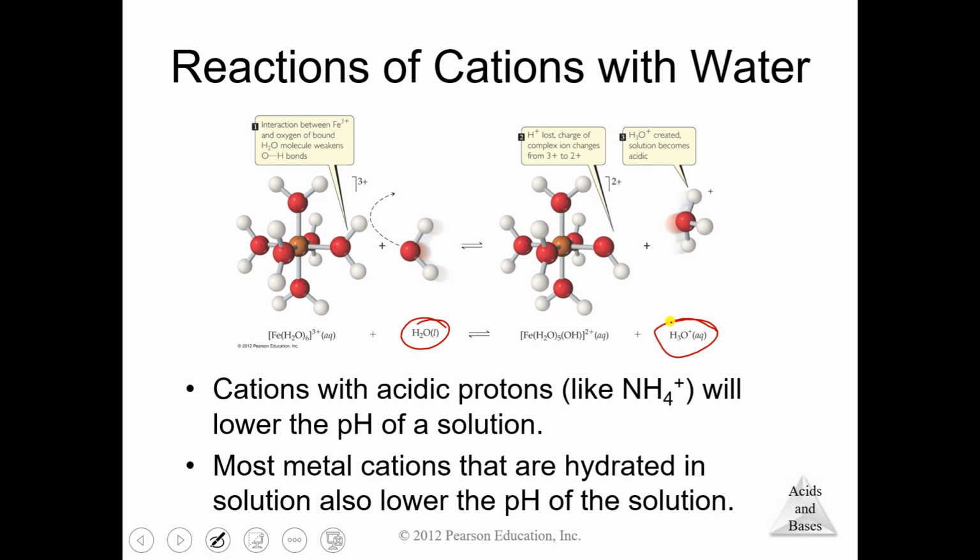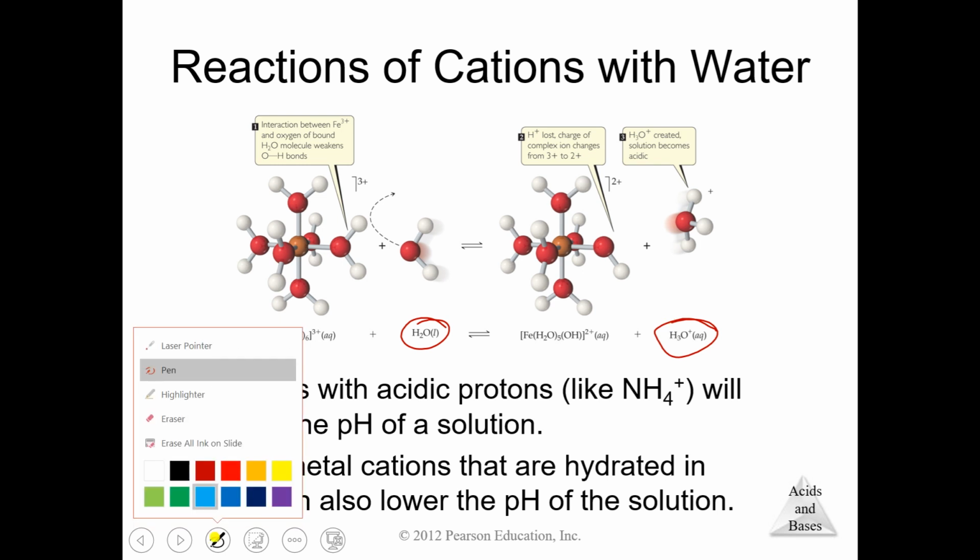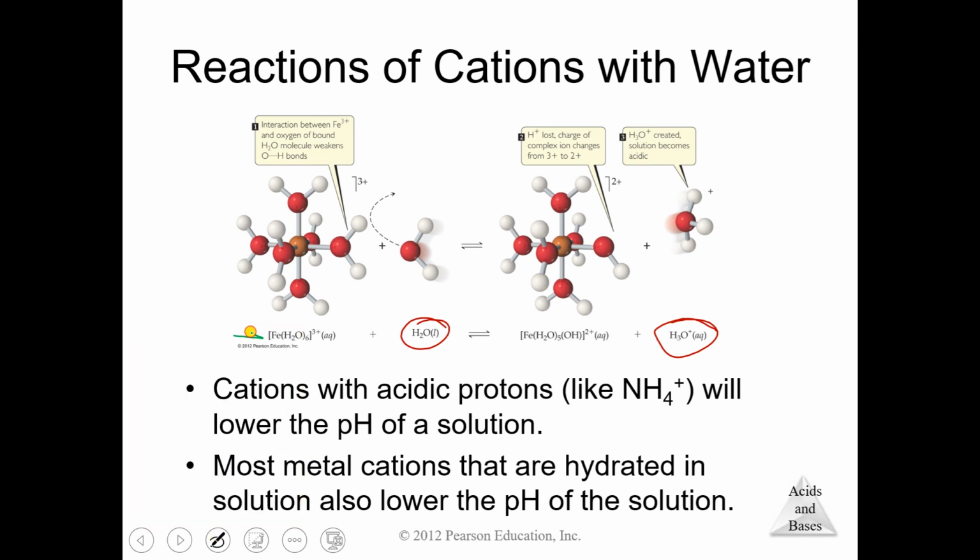If you could take this entity right here and write it as Fe(H2O)5, that means what we have on the outside is OH.